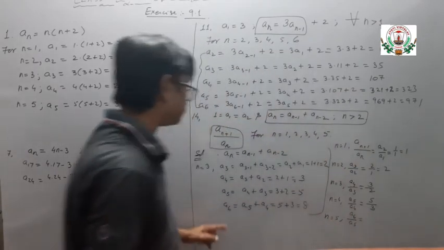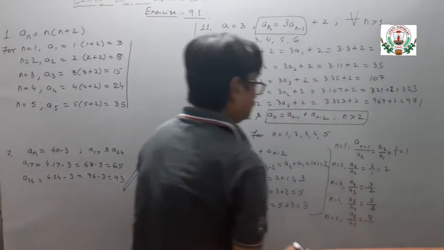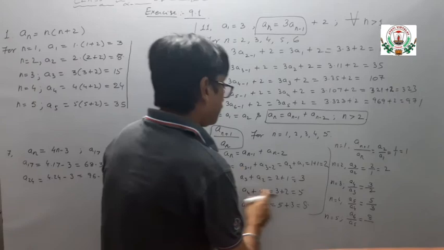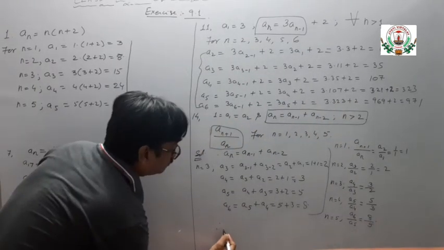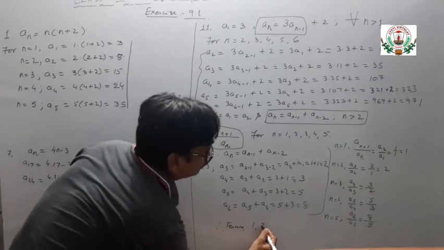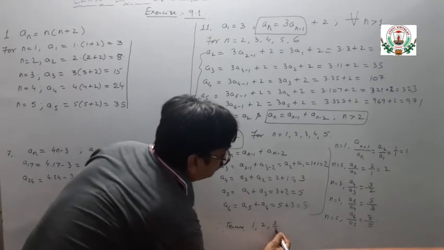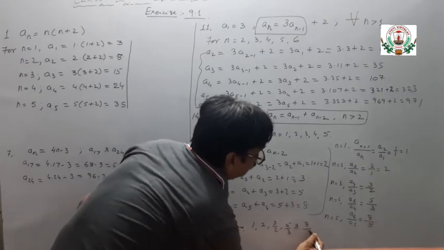The sixth term I have calculated here is 8 upon the fifth term I have calculated here as 5. So it is 8/5. So therefore the first 5 terms will be 1, 2, 3/2, 5/3 and 8/5.